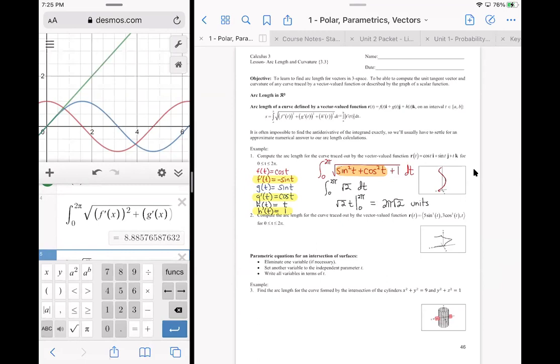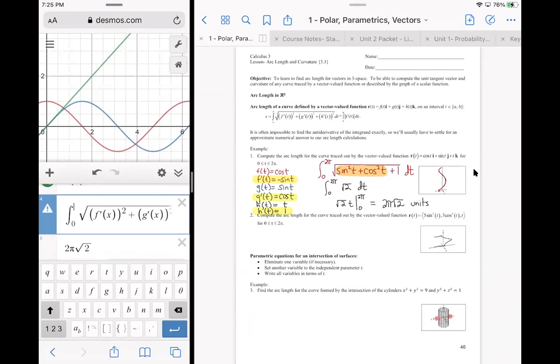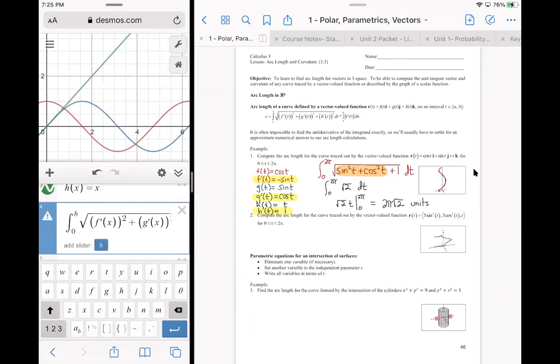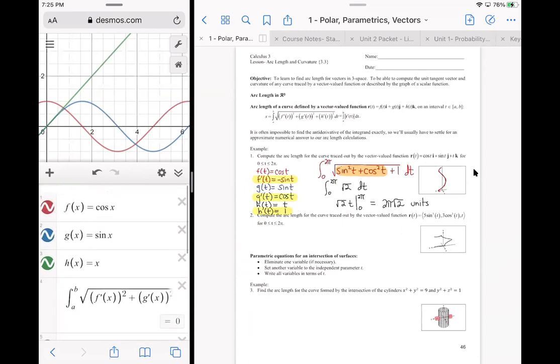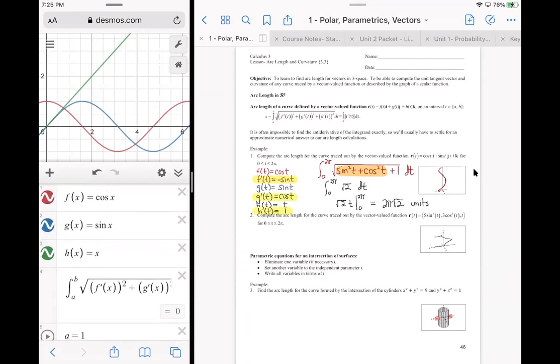If you really want to get fancy, you could make this A and B, create those sliders so that you really have a general case, where all I have to do is change my F, G, and H depending on the nature of the problem.